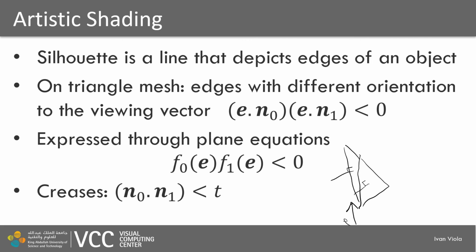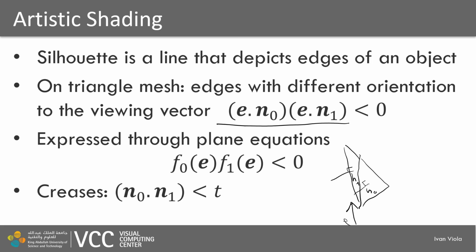then maybe I will have different dot product cosines between the N0 and E, and N1 and E. However, they will be of the same sign. Depending on the orientation of E, they will be either positive or negative, but they will both have the same sign, meaning that this multiplication will be bigger than 0.